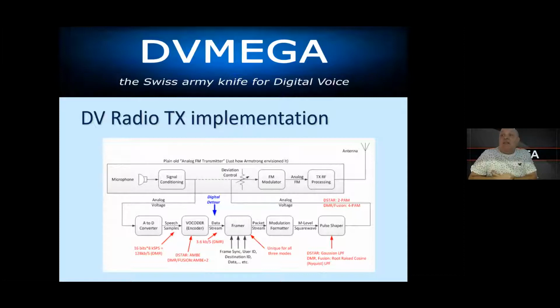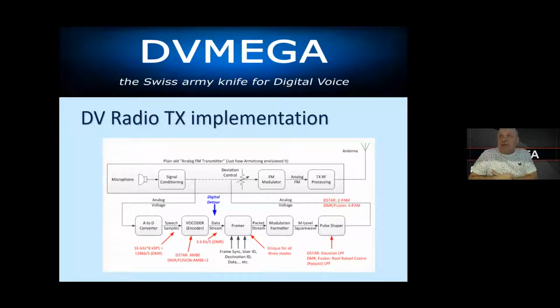Then the data coming from the vocoder goes into a framer, and that framer makes packets of a uniform length, and it can add a user ID, destination, etc., so that every packet that is sent can have the information of the sender.